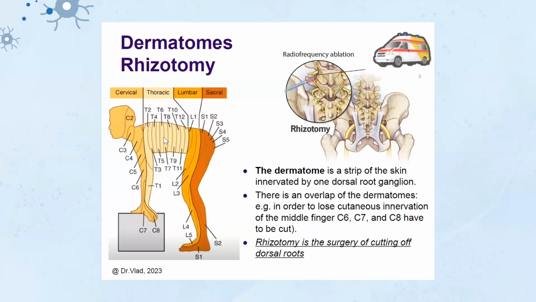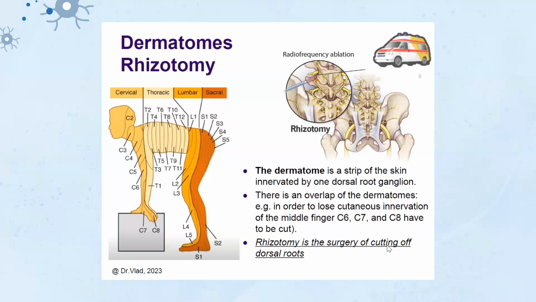However, there's an overlap. Like the middle finger, it is innervated by C6, C7, and C8. So for you to lose the sensory innervation to the middle finger, you have to cut C6, C7, and C8. This is the dermatome concept.